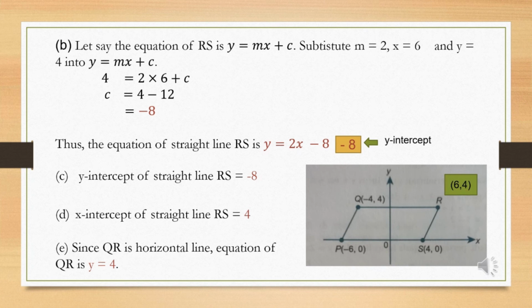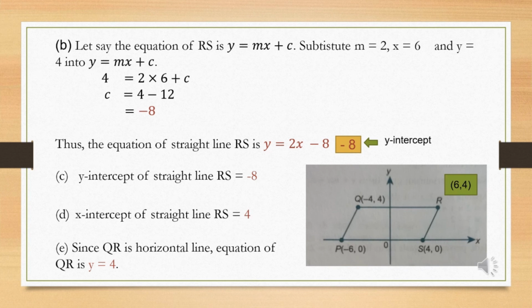Thus, the equation of straight line RS is y equal to 2x minus 8. For C, we look at the equation of straight line RS and we can see that the negative 8 is the y-intercept of straight line RS.